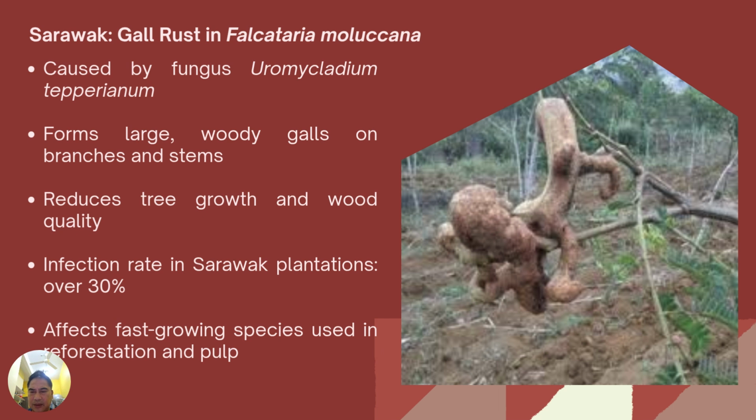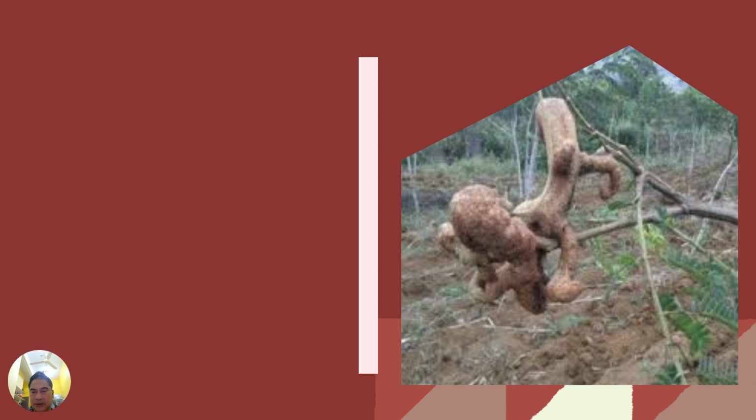They almost look like woody tumors on the tree's branches or stems. Besides being ugly, they actually mess up the tree structure and slow down growth. The wood becomes less usable, and over time, the tree just gets weaker. In some areas, especially in Sarawak, the infection rate is over 30%, which is pretty serious for plantation health. This species is popular in reforestation and pulp production, so gall rust is a big concern for the industry.